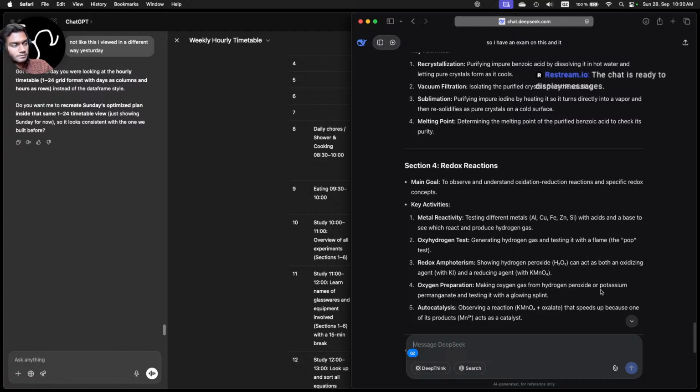Pop test. Redox amphoterism: showing hydrogen peroxide can act as both an oxidizing and reducing agent.